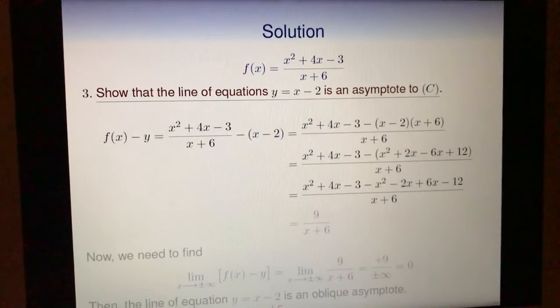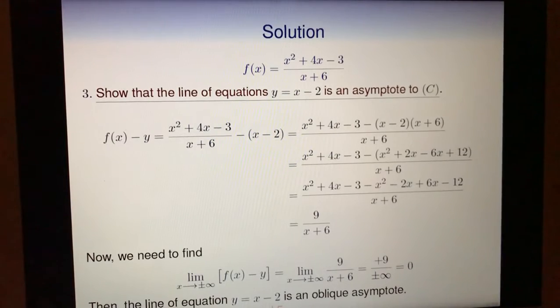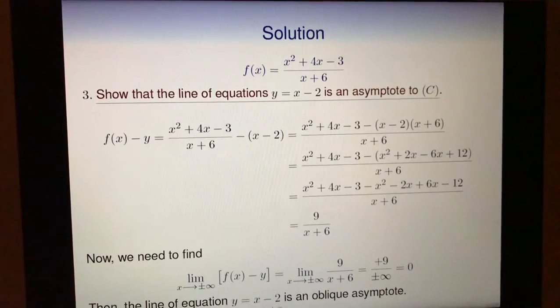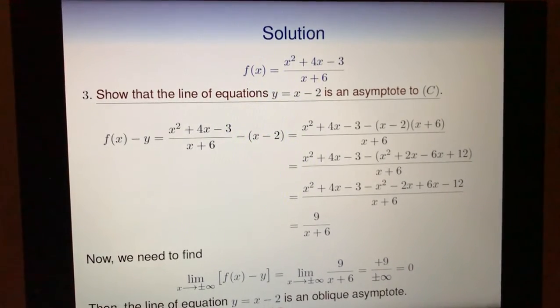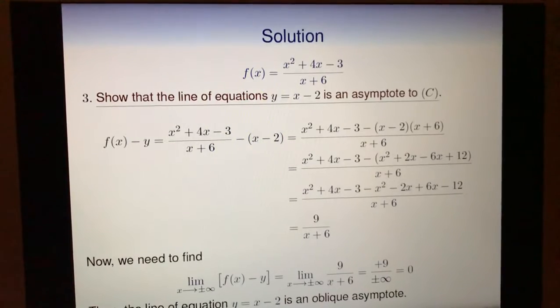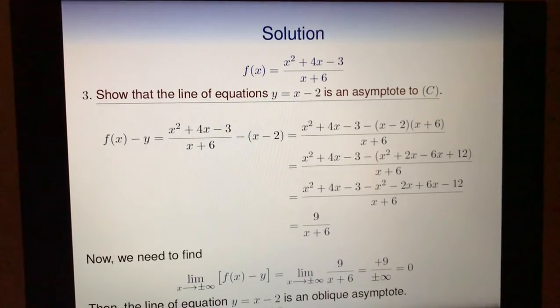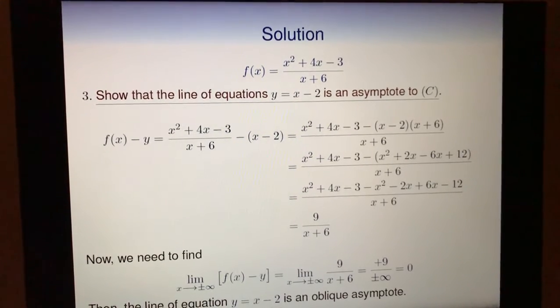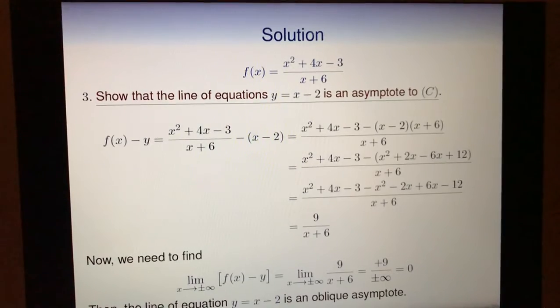Now, to show that the line of equation y equals x minus 2 is an oblique asymptote, you need to find the limit at plus infinity or minus infinity of the simplified expression of f of x minus y, that is 9 over x plus 6. You should do the two cases, but they are similar.